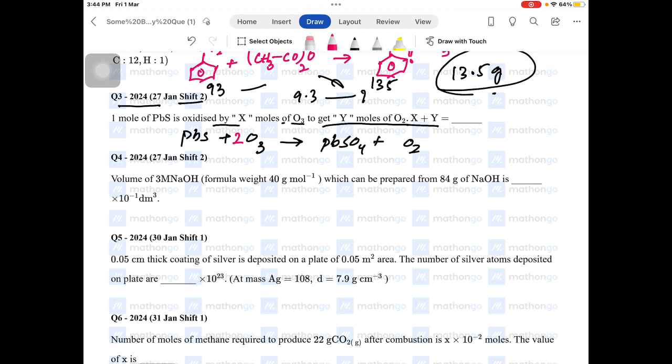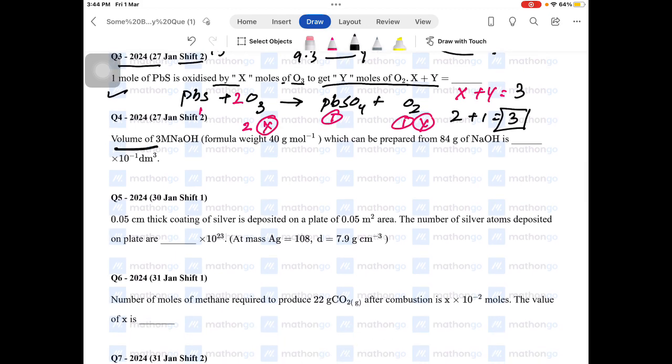Now 1 mole of lead sulfide will give 1 mole of lead sulfate and 4 moles of oxygen. Now x value is 4, y value is 4. So x plus y is 8. Answer for this question.